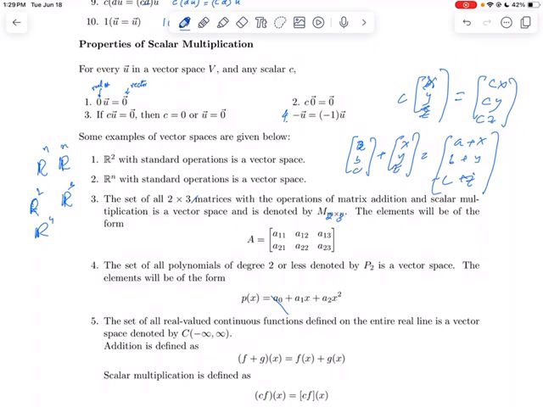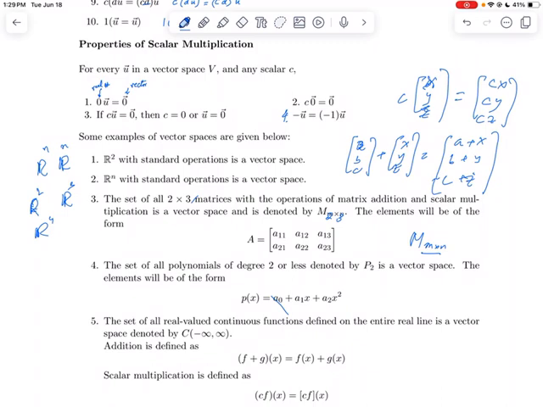In general, any M by N, where the big M is for matrices and this is the size of the matrix, any set of matrices of the same size forms a vector space. And we can check one by one that all these axioms we talked about are satisfied in this case.